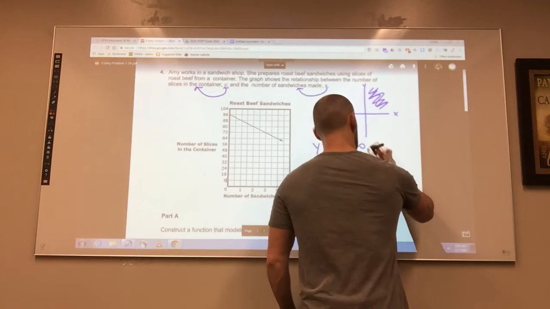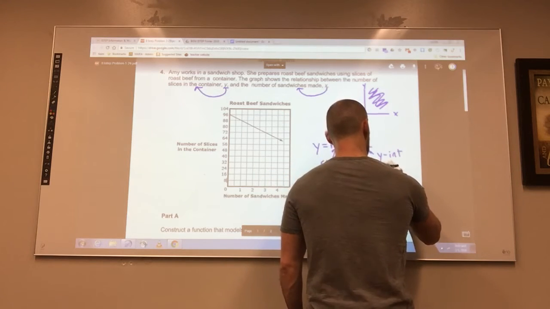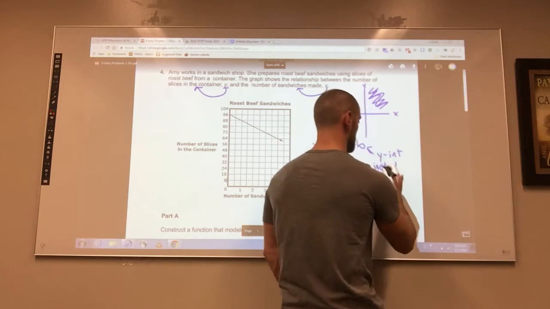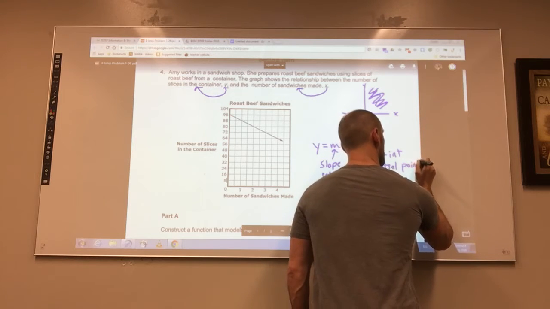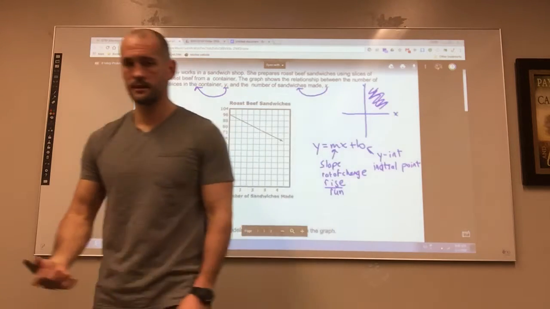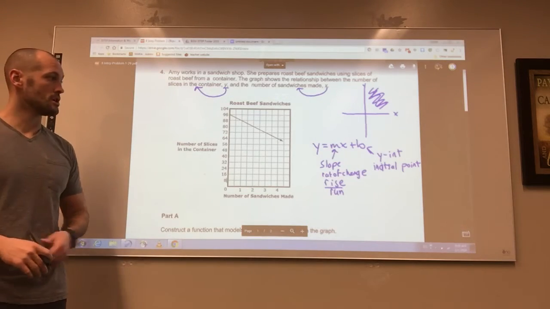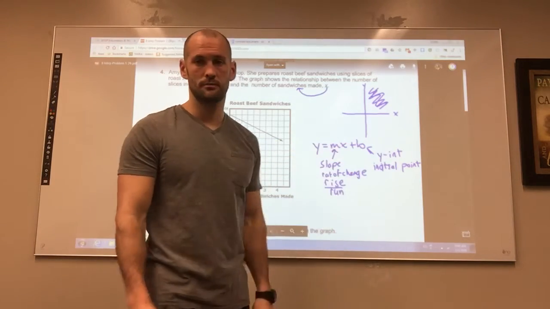B represents the y-intercept or your initial. This says initial, just trust me. Initial point, or where you start, okay? Now I'm going to use that to help me when I start creating a function. So to create a function or an equation, I need the y-intercept and I need the slope.